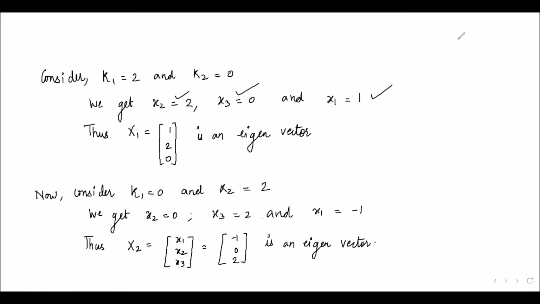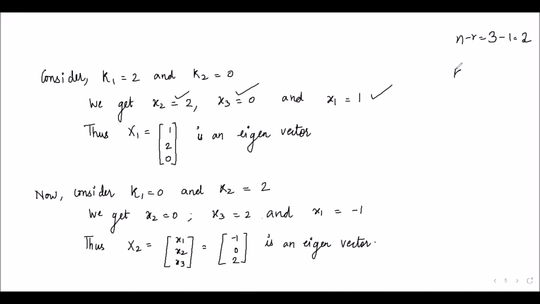So this is the first eigenvector. Now, since n is 3, rank is 1, n minus r is 2, we need to find two independent eigenvectors. So we will be finding one more eigenvector and that should be independent of this x1. What another set of k1 and k2 can we consider?